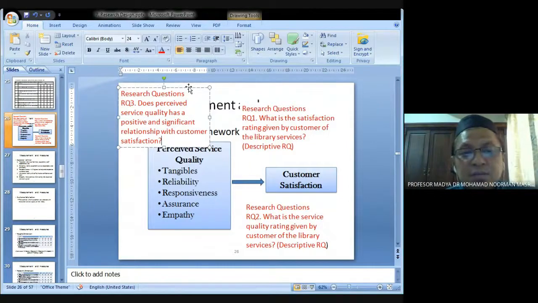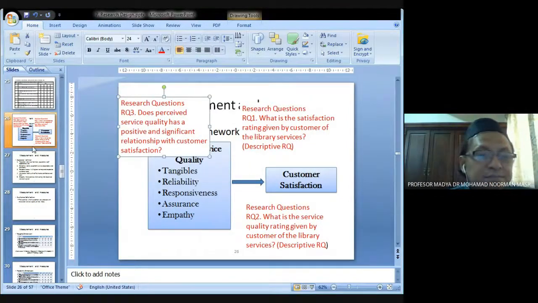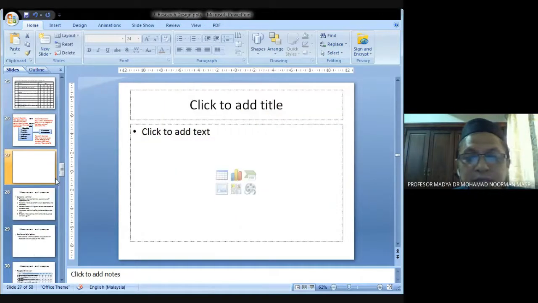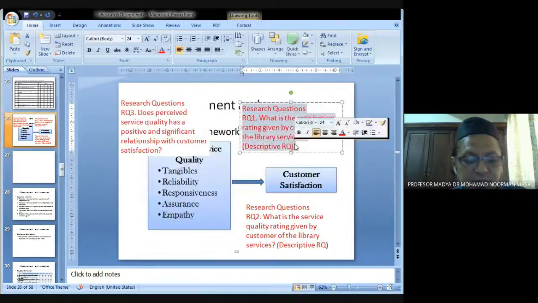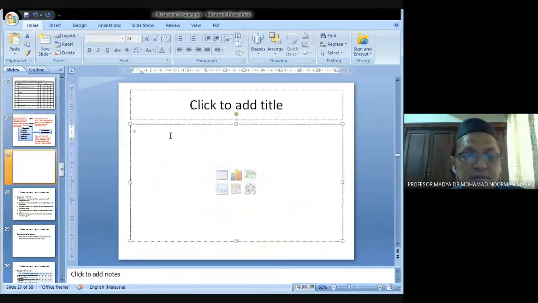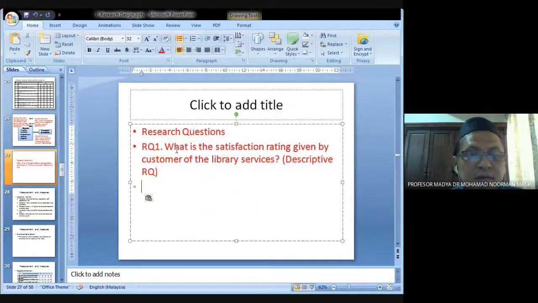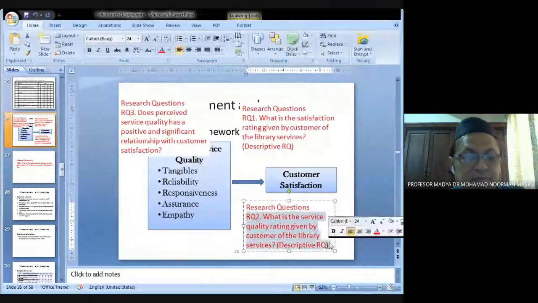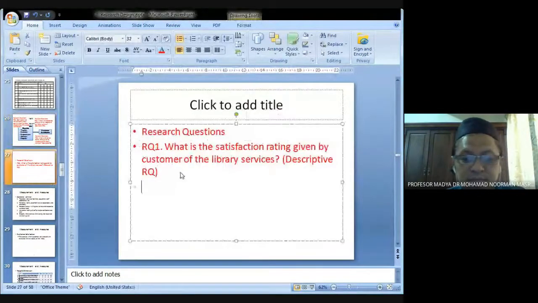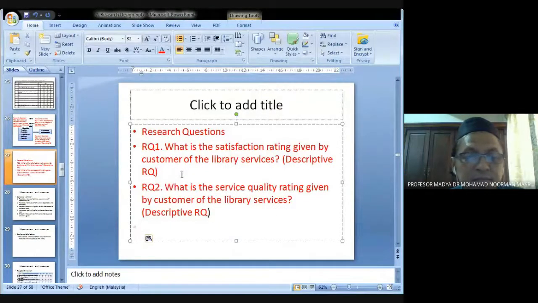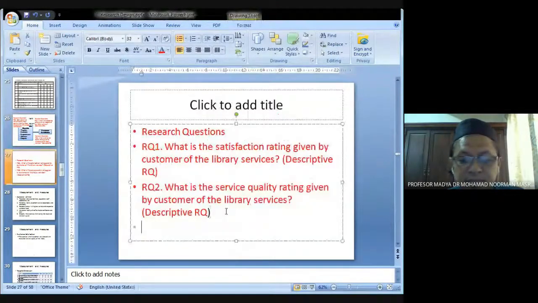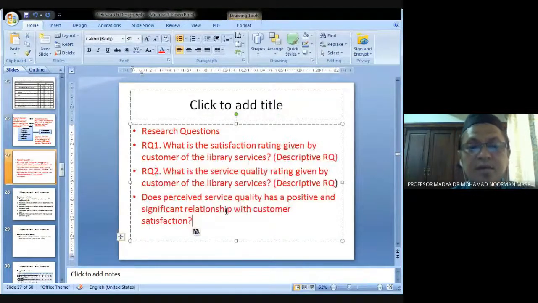So in the slide I'm going to put here the first research question, and then the second research question, and the third one is this one.